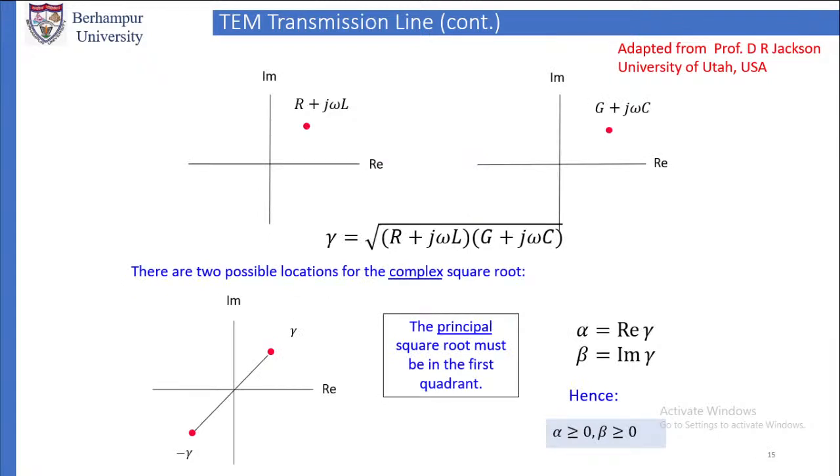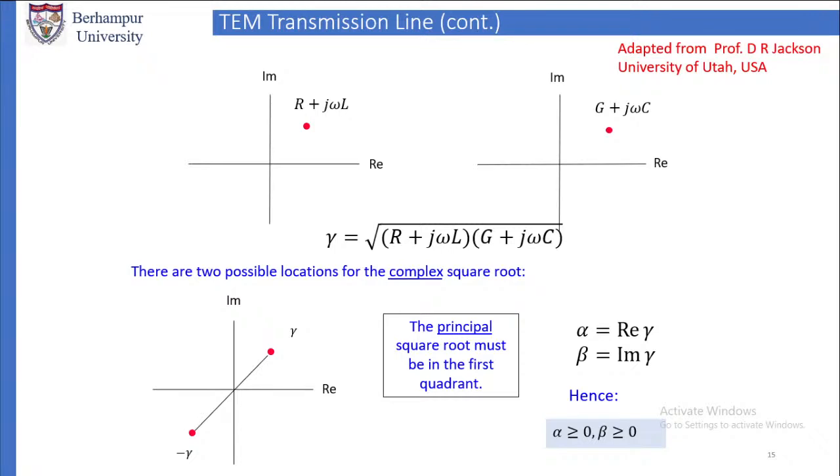Okay, now we'll consider the two cases. In one case, gamma is the square root of two complex numbers. The first complex number is r plus j omega l. Since r is positive, omega is positive, l is positive, therefore in the complex plane, r plus j omega l will be in the first quadrant.